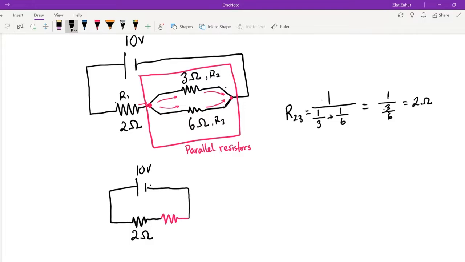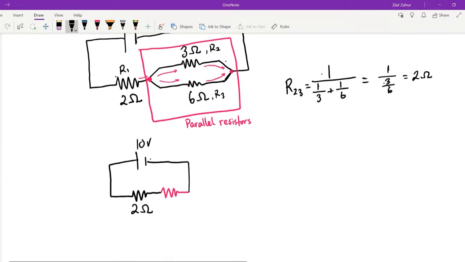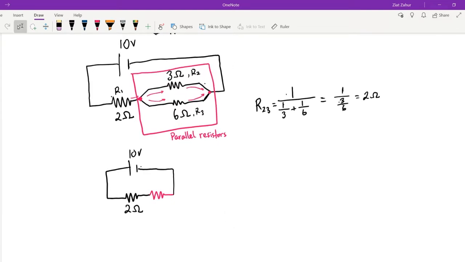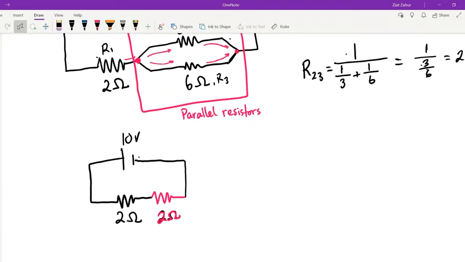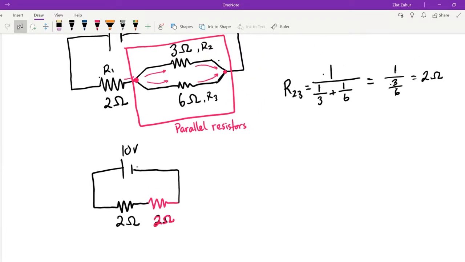So what does this 2 mean? It means that because the 3 and the 6 are parallel, I can replace them with another 2 ohm resistor, and that would accomplish the same thing. It would apply the same amount of resistance as having two resistors in parallel. Notice how the total resistance of 3 and 6 is actually less than the smaller resistor.